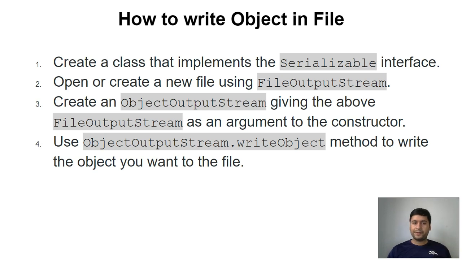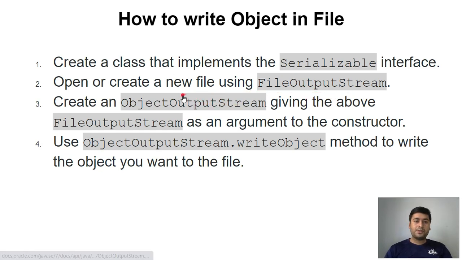So those things we have to understand first, what is Serializable, and then once we understand that, we can start to open or create a new file using the FileOutputStream. Through that we can create a file, but as we have already discussed, FileOutputStream does not have a method to write an object.